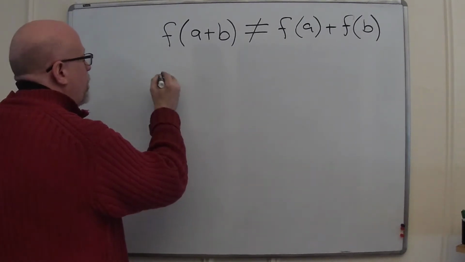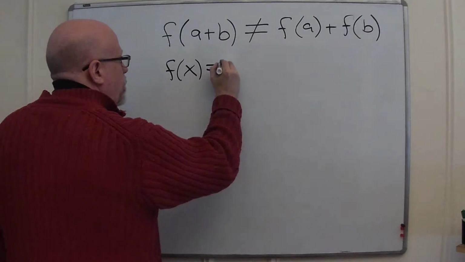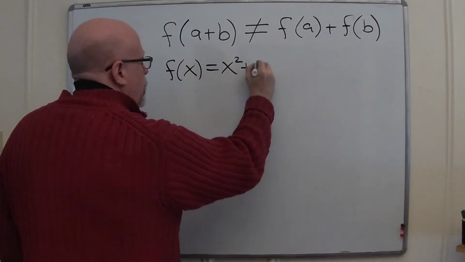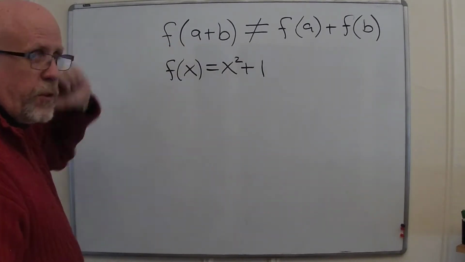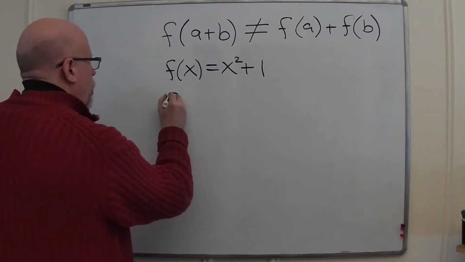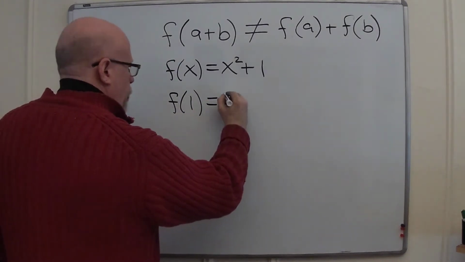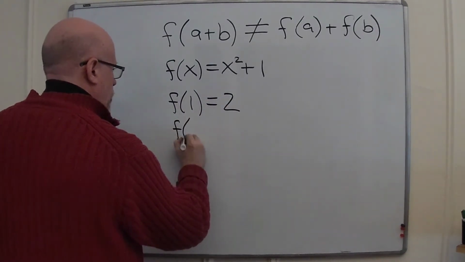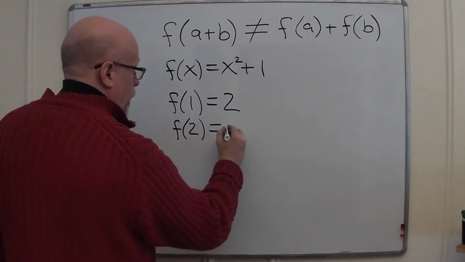As an example, how about if I took the function we've just been playing with a couple of times now, f of x is x squared plus 1. Pretty simple function. And I'm going to have a and b be 1 and 2, respectively. So what's f of 1? That was 2. And what's f of 2? That was 2 squared plus 1, that's 5.